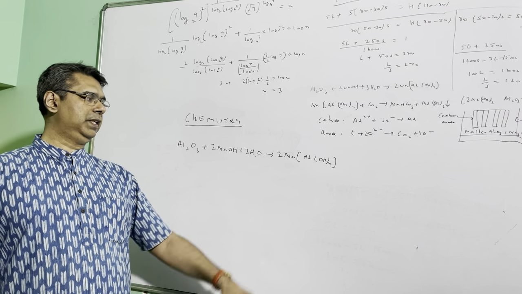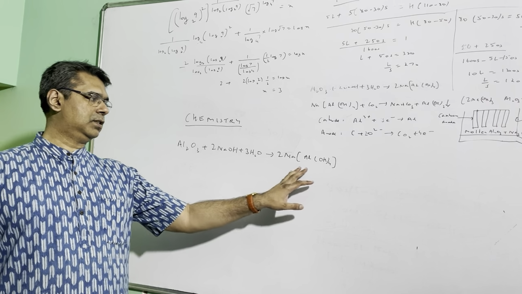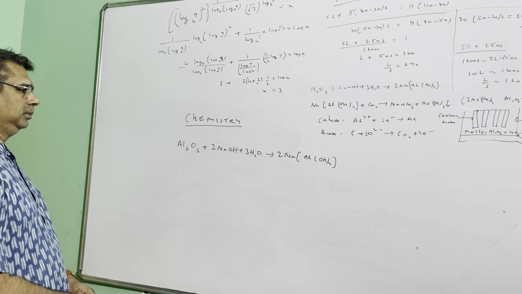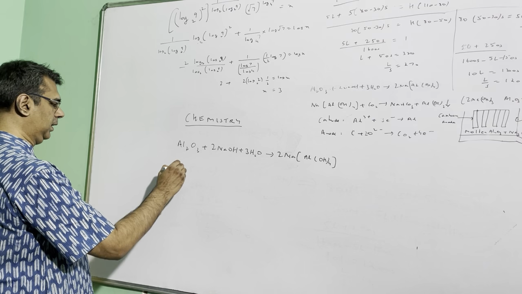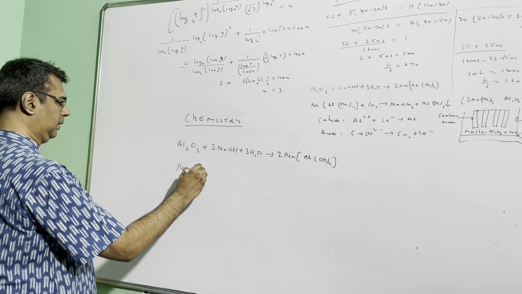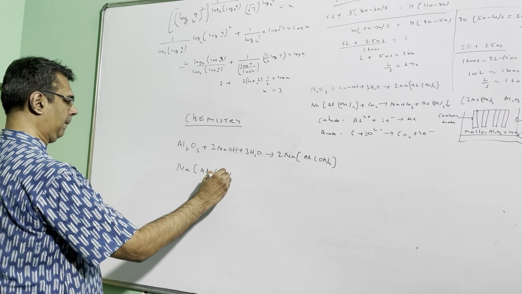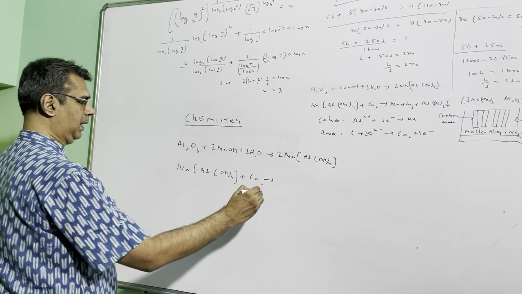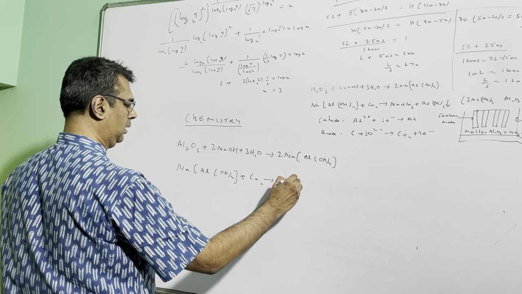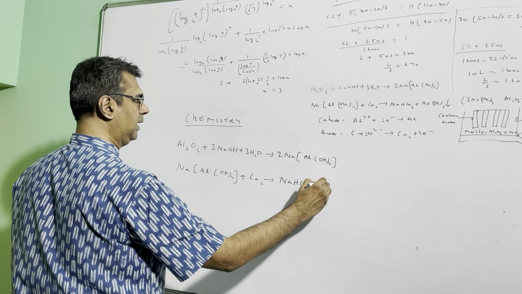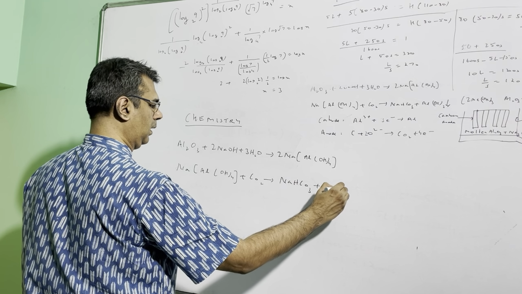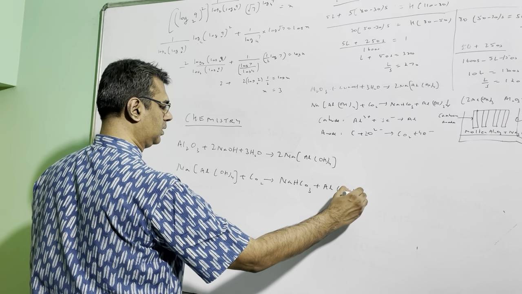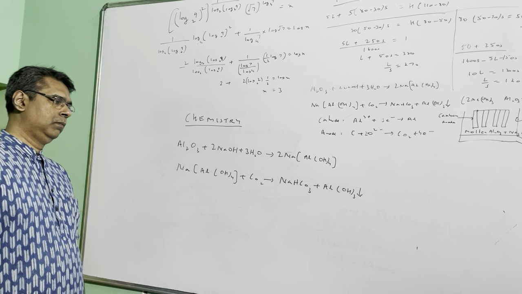So you get sodium aluminate. Now, if you pass carbon dioxide through sodium aluminate, you will get aluminium hydroxide as a precipitate, right?